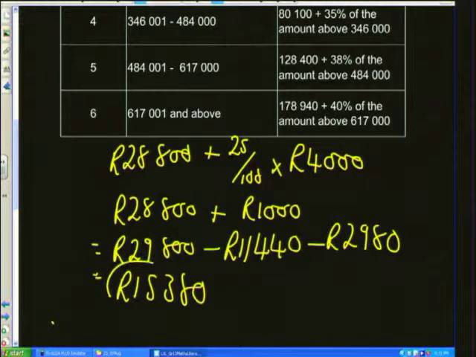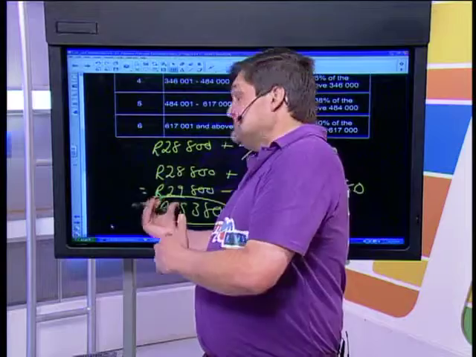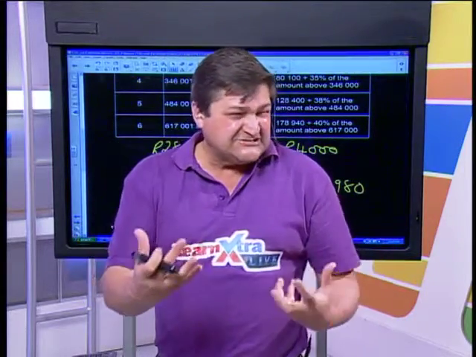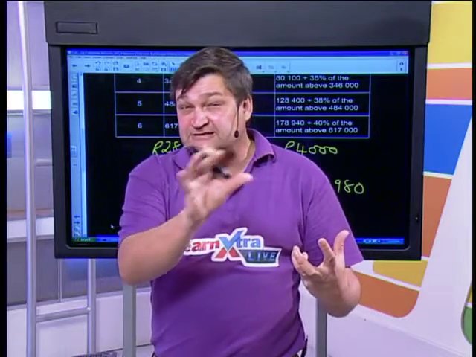Now, guys, I'm really sorry I didn't have this rebate table because I really wanted to show you how it works. But basically, when we get that answer and compare it to our previous answer, you're going to find that they're almost identical. They're just a few cents out. And why are they a few cents out?